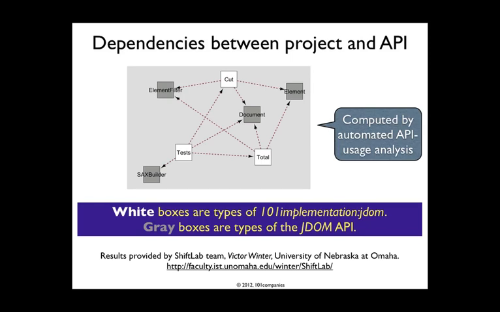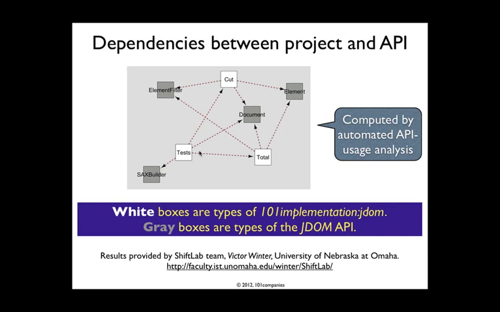So we can perform API usage analysis in many ways using all kinds of techniques, tools, approaches. We can visualize it in all kinds of ways. This slide here is based on work by the Shift Lab team, and in particular Victor Winter from the University of Nebraska at Omaha. What we see here is the result of an automated API usage analysis, which shows what parts of the implementation depend on what types of the JDOM API.